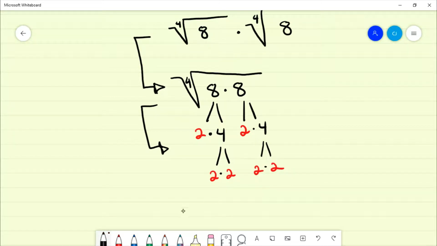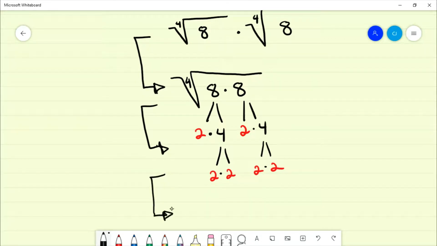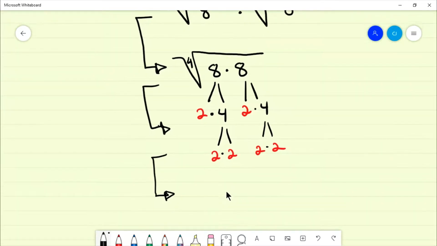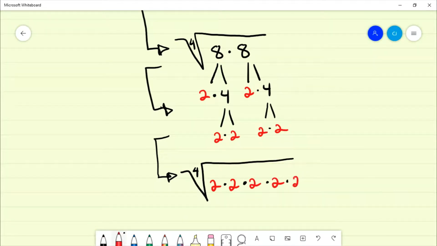So if you notice, we can rewrite what's inside of the radical as the fourth root of 2 times 2 times 2 times 2 times 2 times 2.